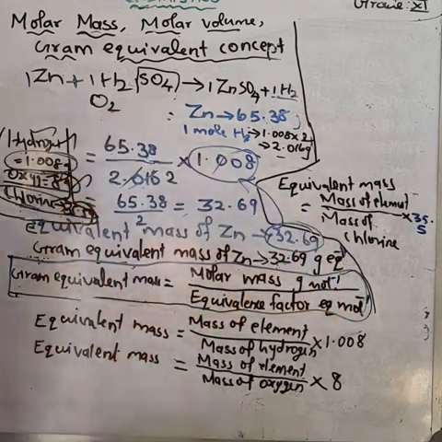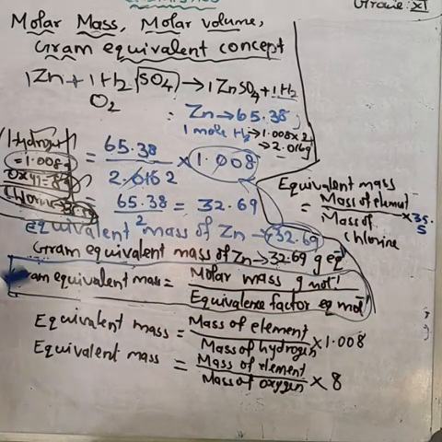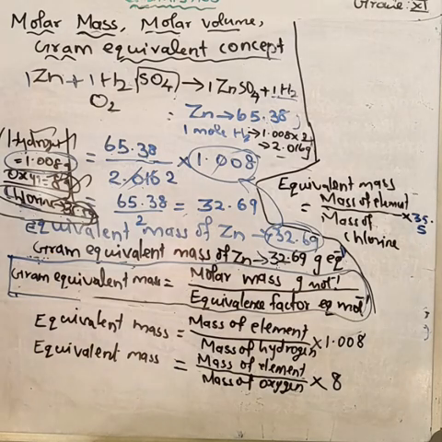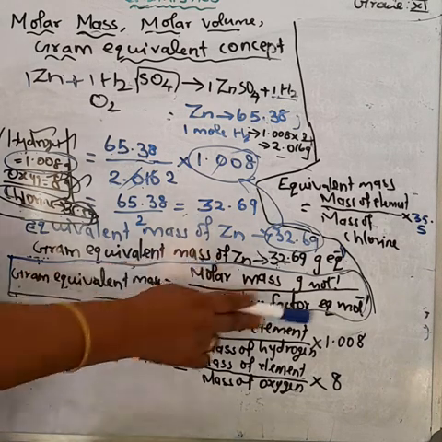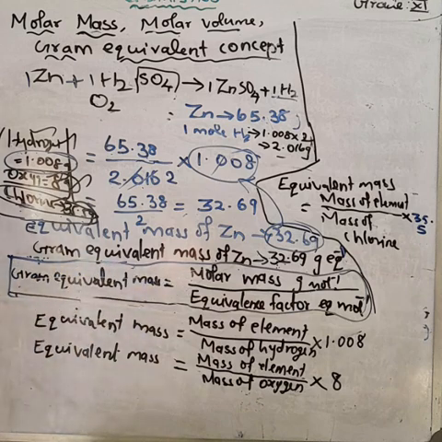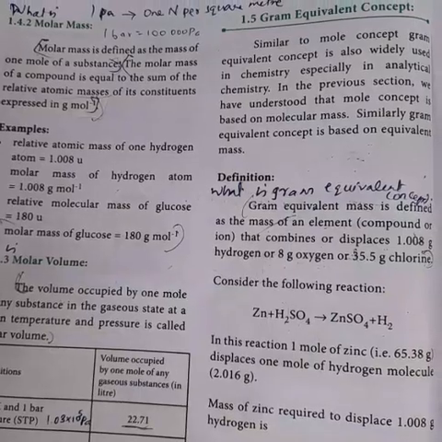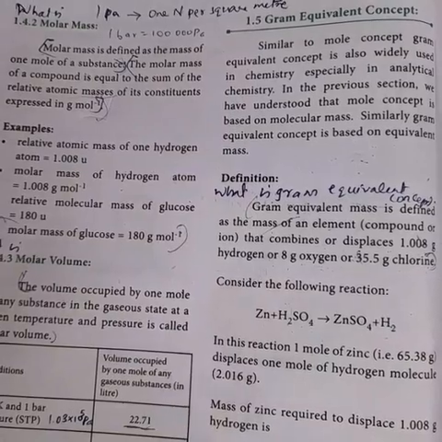And tomorrow we will study how we can classify the chemicals, whether acids or bases, or oxidizing and reducing agents, and how we can find the formula to calculate the gram equivalent mass. Tomorrow we will study.